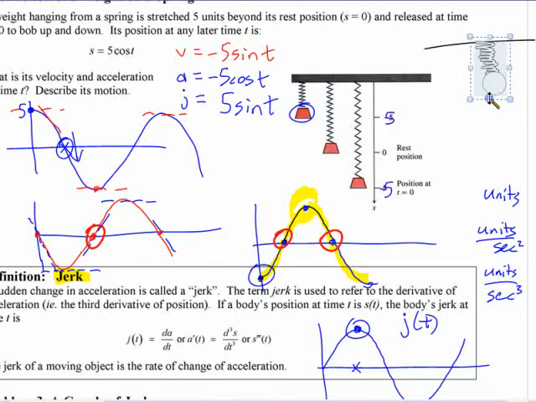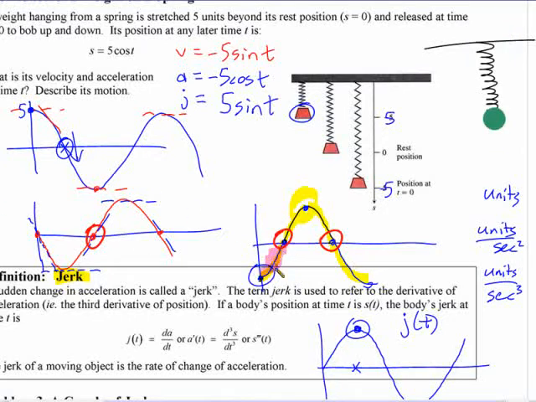When is the jerk the highest here? When is the jerk the most positive? Right here on the way down, right? This is where the acceleration is changing in the positive direction the most. Because the acceleration at that point is changing from negative to positive.